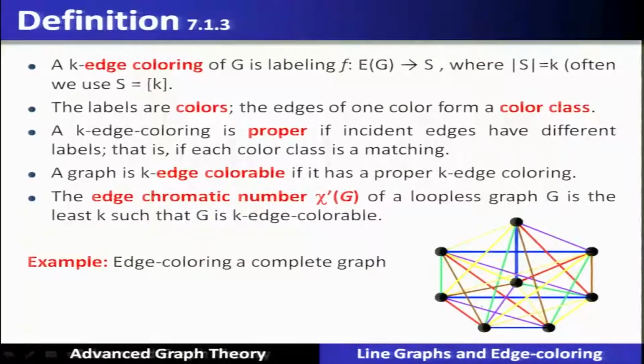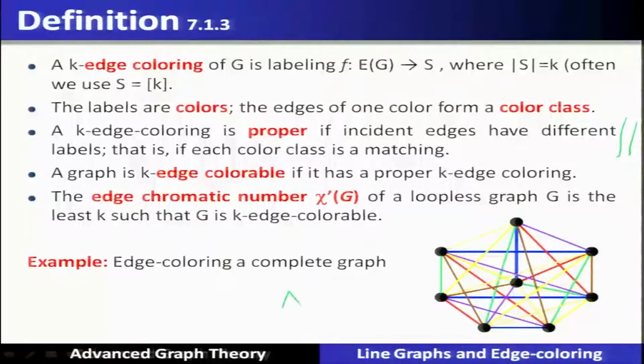The labels are the colors, and the edges of one color will form the color class. A k edge coloring is proper if the incident edges have different labels, that is, if each color class is a matching.